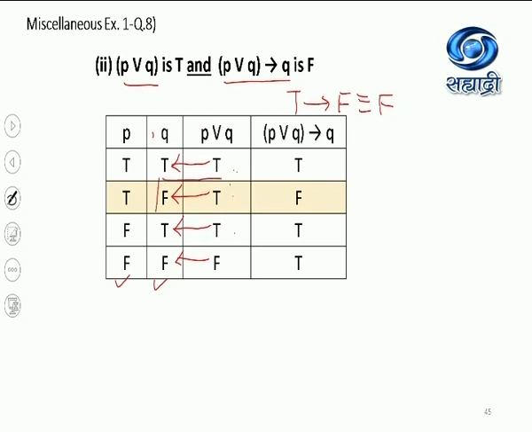Yes, this is the combination where it is T implies F. So only that value will be F. All other values in this column will be T.